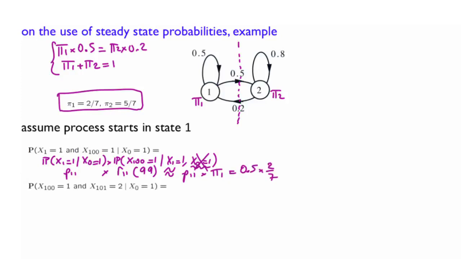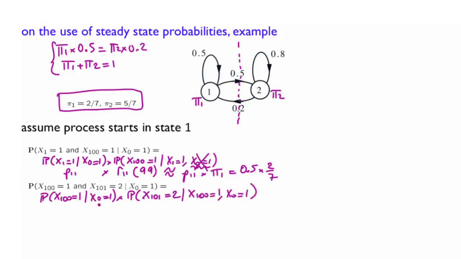Now, how about this expression? Given that you start in state 1, what is the probability that at time step 100 you are in 1 and time step 101 you are in 2? By doing the same technique, it's the probability of the first thing happening, and then given that thing happening, the probability that the second one happens, X101 equals 2 given X100 equals 1 and X0 equals 1.